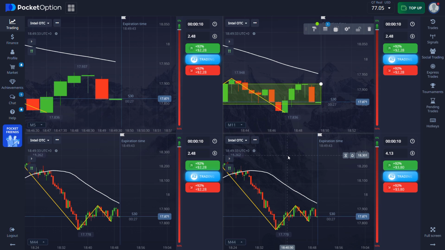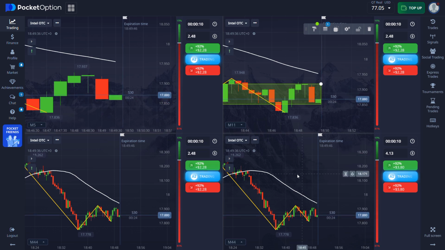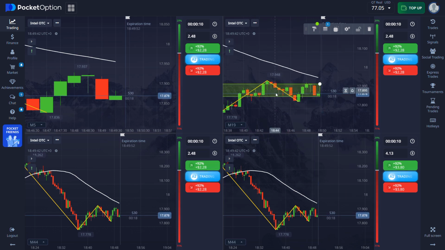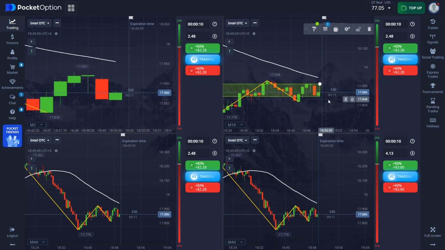All right, guys, not much is happening. We just have this Intel that we are expecting to have a continuation to the downside, but as you can see, it's consolidating inside this rectangle right here. Not much is moving. I've been checking all the other currencies, the payouts.